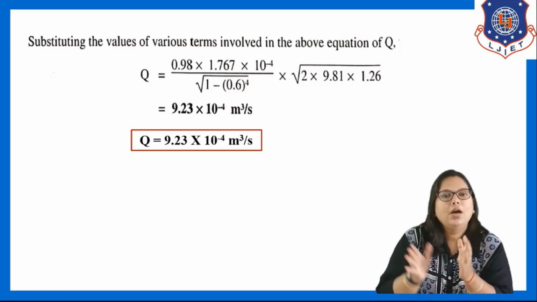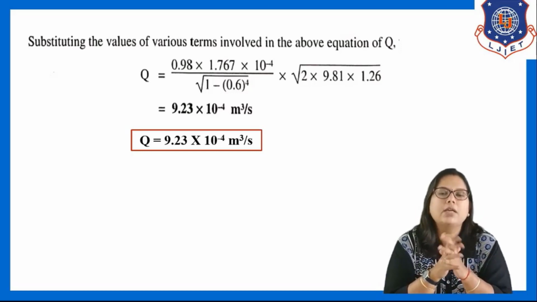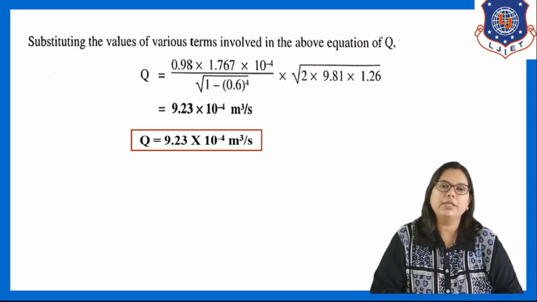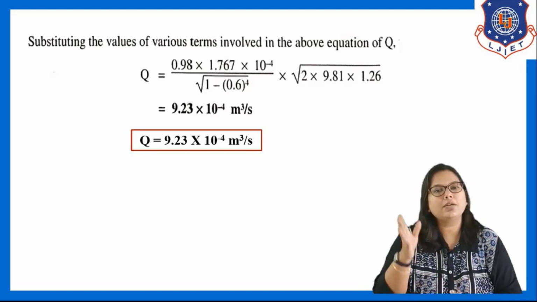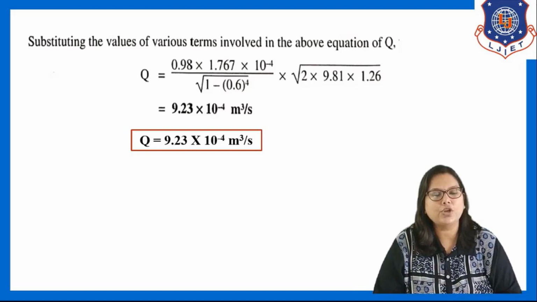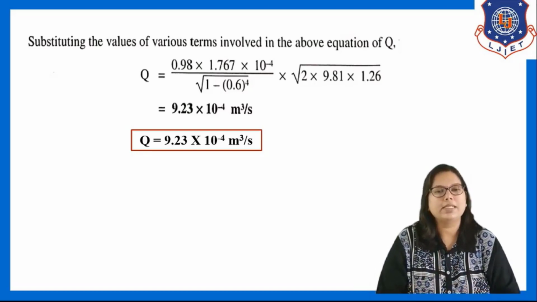So our final answer of volumetric flow rate Q is 9.23 into 10 raised to minus 4 meter cube per second. That's what we had been asked to calculate. So this is the final answer of our example.